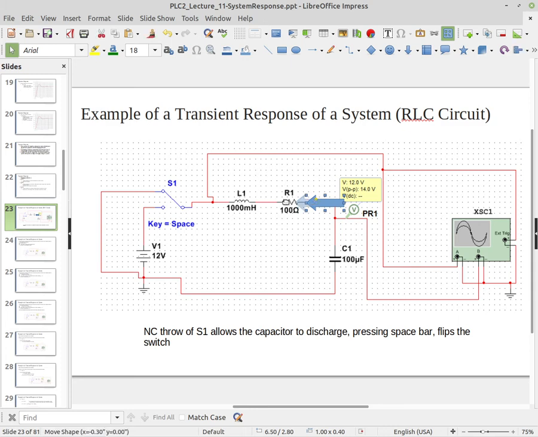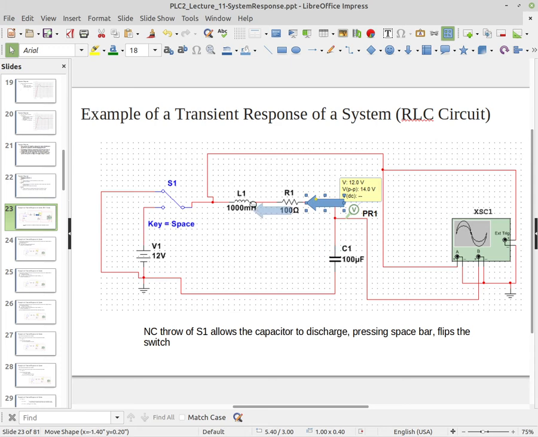And inductors, they don't like changes in current. And so this inductor and this capacitor effectively oppose each other. One doesn't like changes in voltage, and the other one doesn't like changes in current. And so these two opposing circuit elements give us those oscillations.